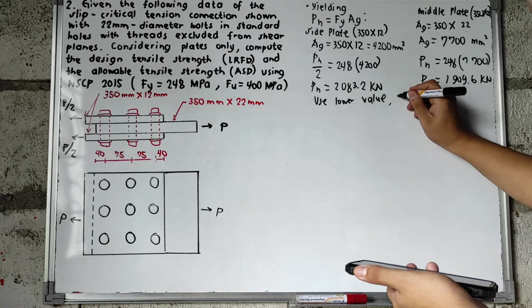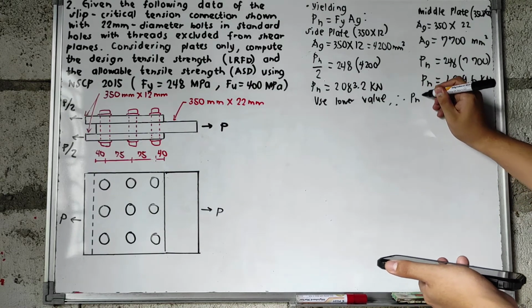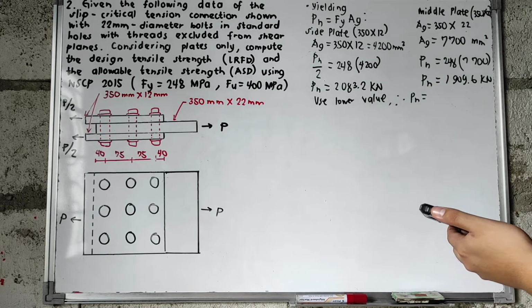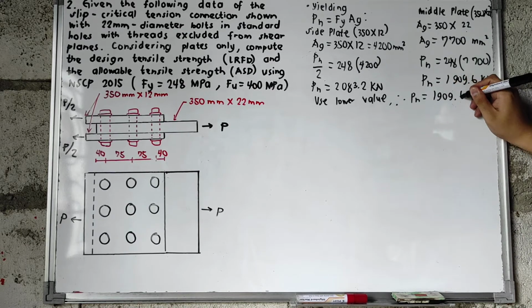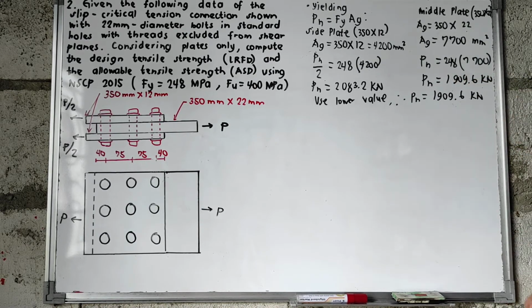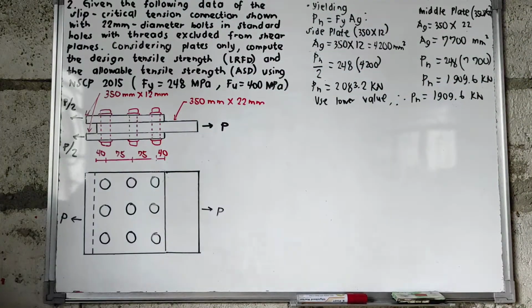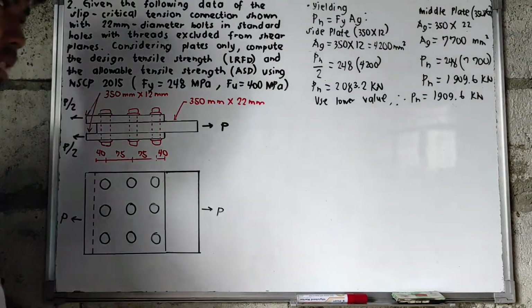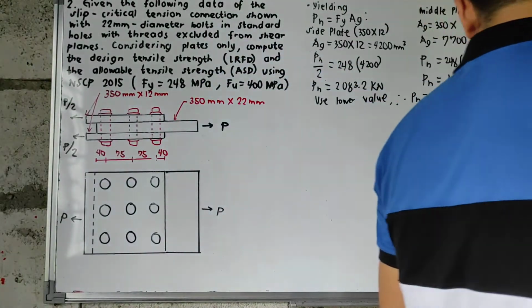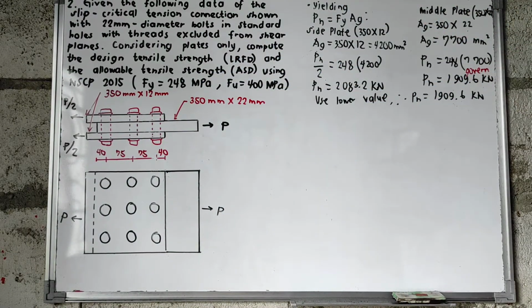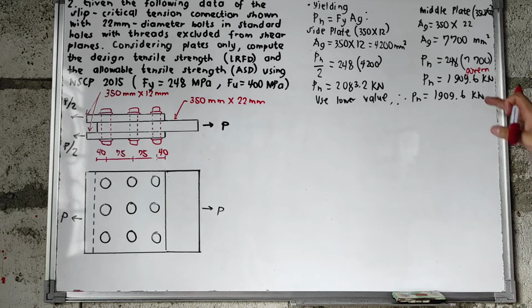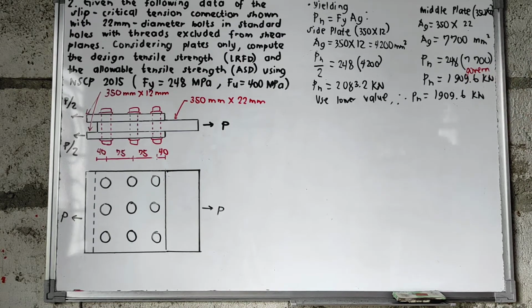Therefore, P sub n on the gross area is equal to 1,909.6 kilonewton. So, for this example, yung nag-govern sa design natin is etong nasa middle plate natin, kasi yung middle plate natin hanggang 1,909.6 lang yung kaya niya.